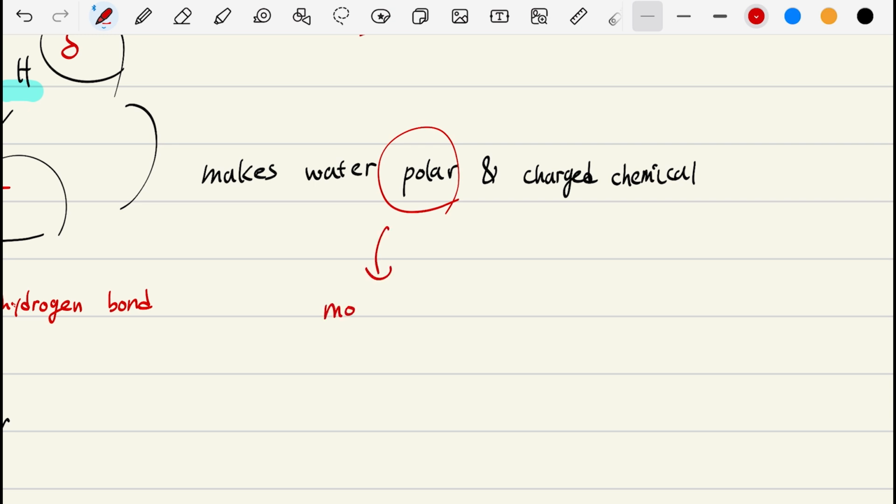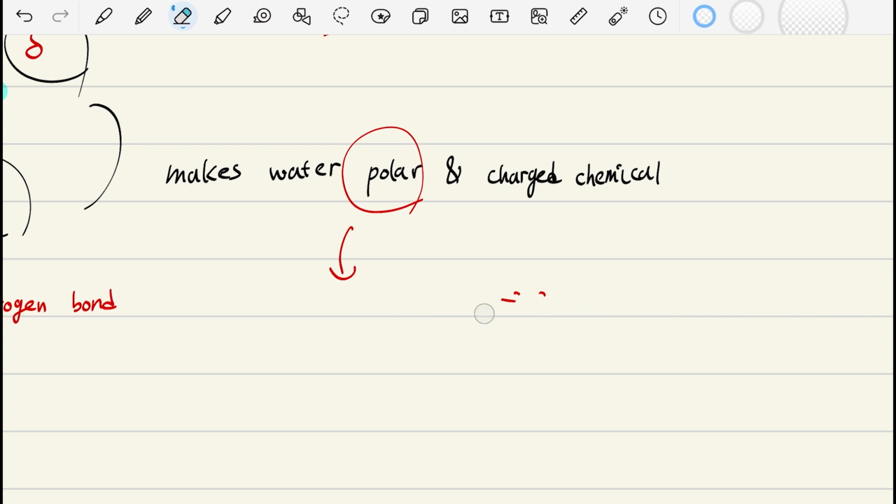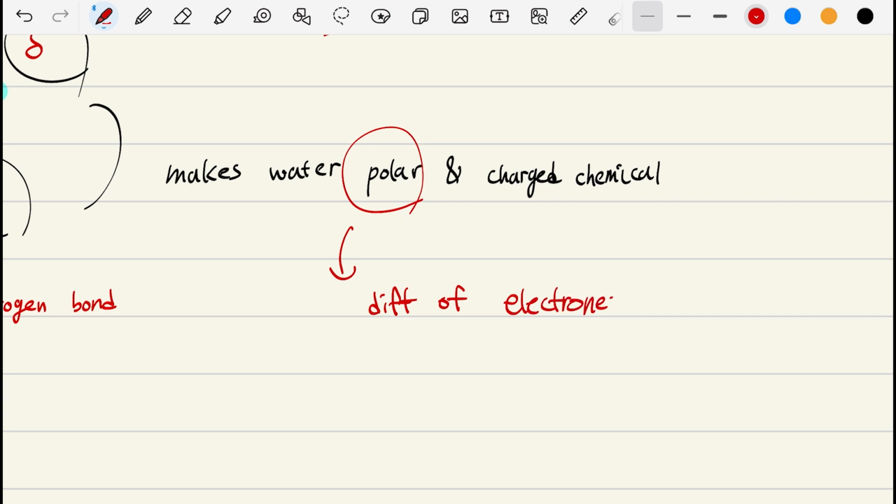When a molecule forms a covalent bond, it becomes polar when the difference of electronegativity of each element that composes the molecule goes up.